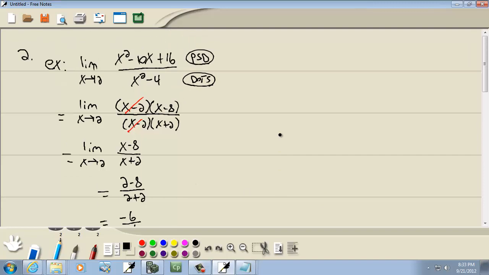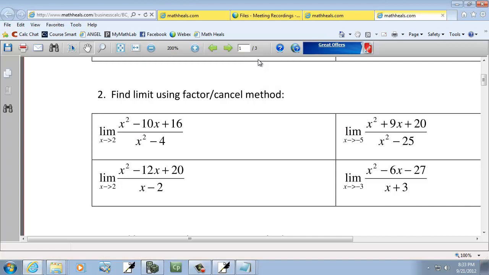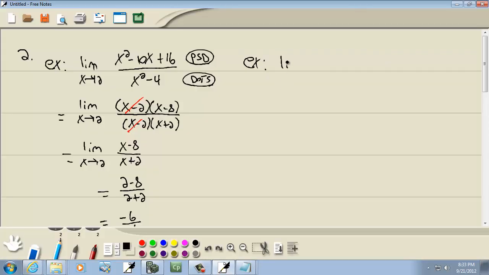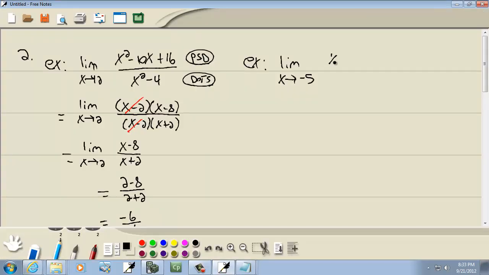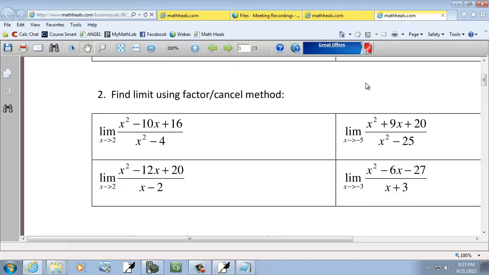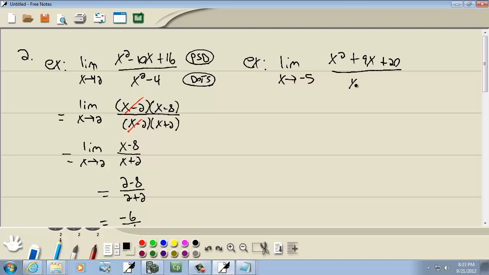Let's look at our second example. We got the limit as x goes to negative 5 of x squared plus 9x plus 20 over x squared minus 25.